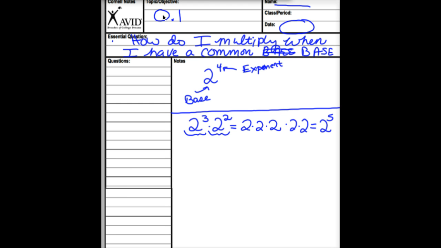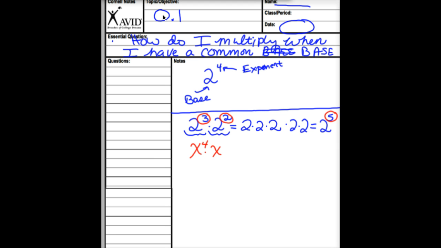And so you'll notice that when I go from my common base and I'm multiplying, really what ends up happening with these exponents is they don't get multiplied, they get added. And that works whether the base is a number or whether it's a variable.